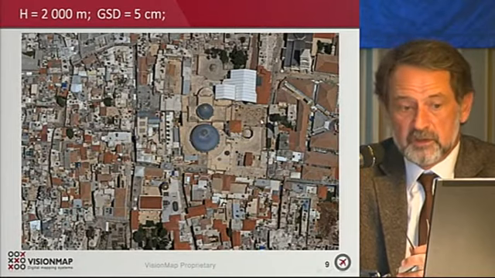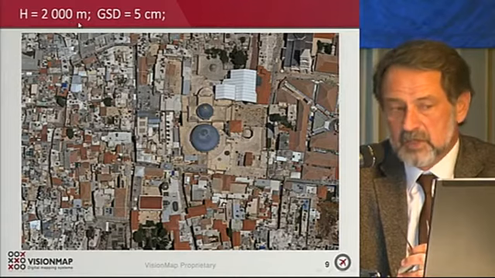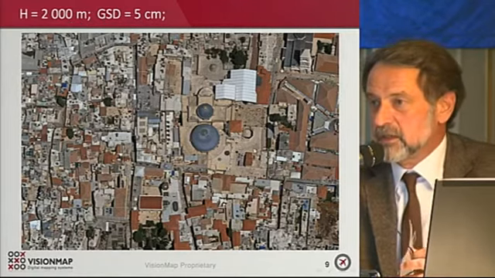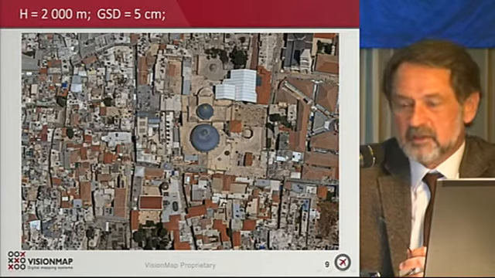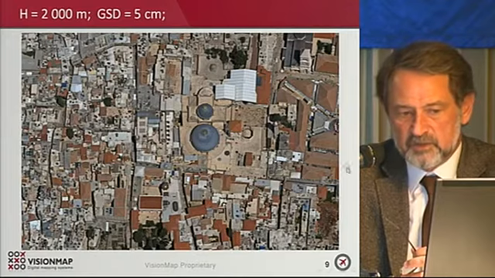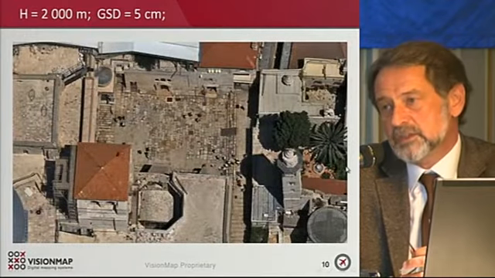A few examples of survey carried out by A3 edge. Height 2,000 meters, ground sampling distance 5 centimeters. This is the God's Coffin Church.